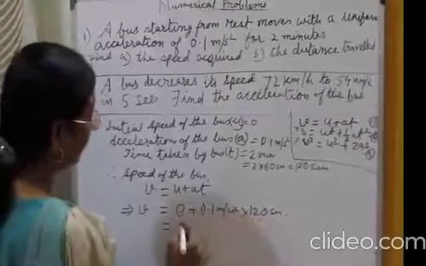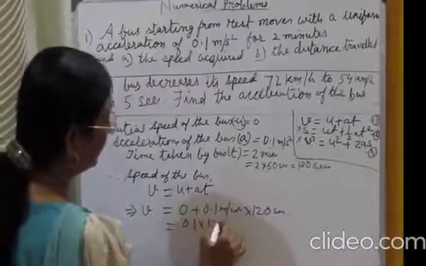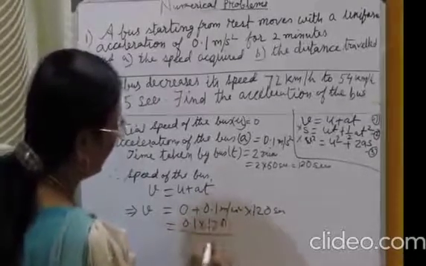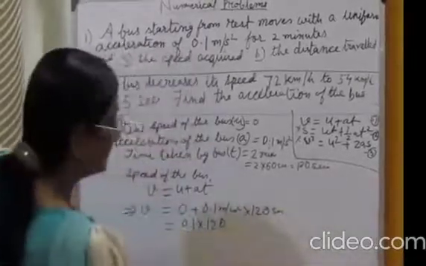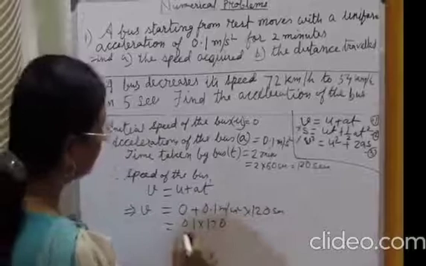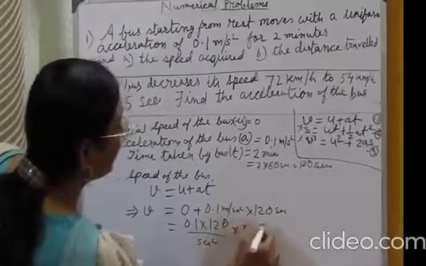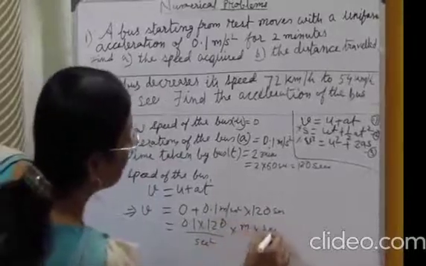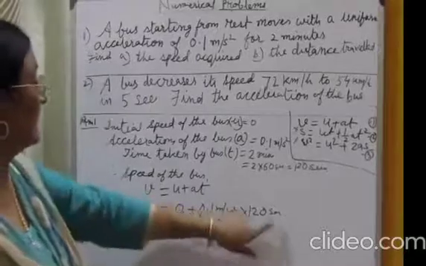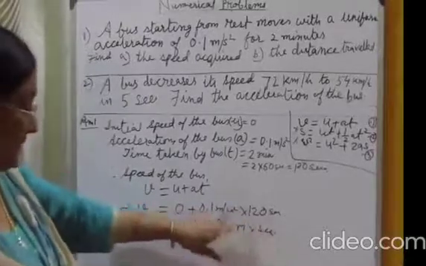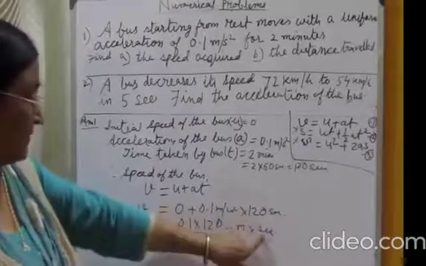So 0.1 into 120. Here this is second square, here meter and into second. This second square comes down, this meter comes here and this second here. Clear?